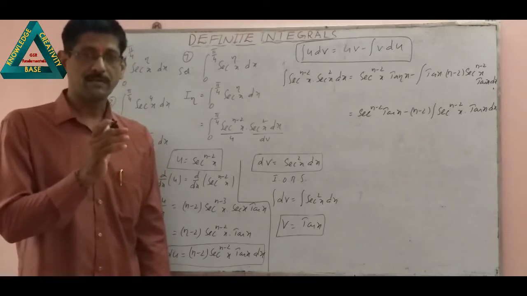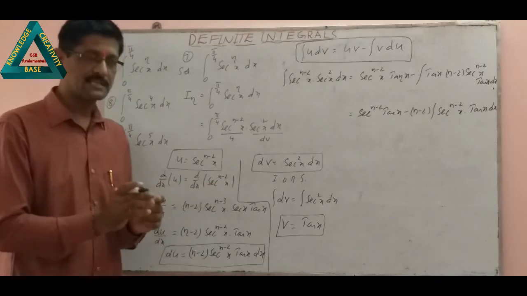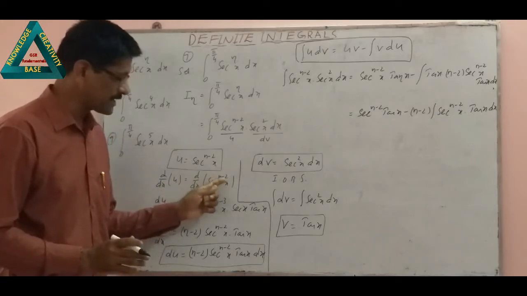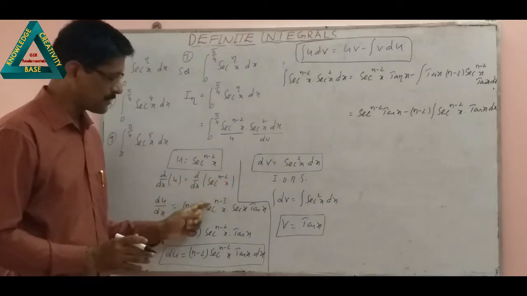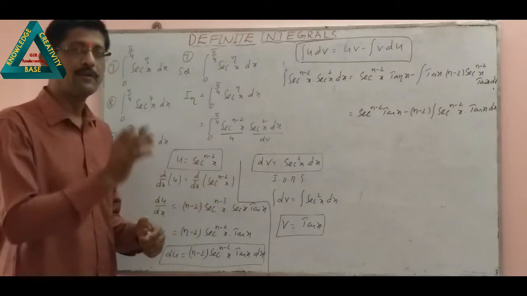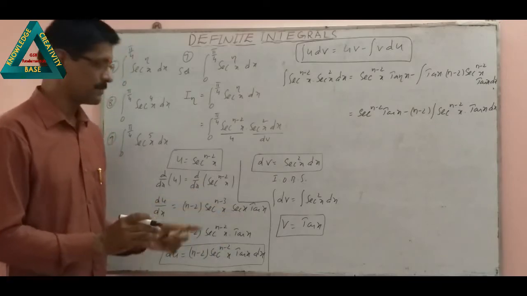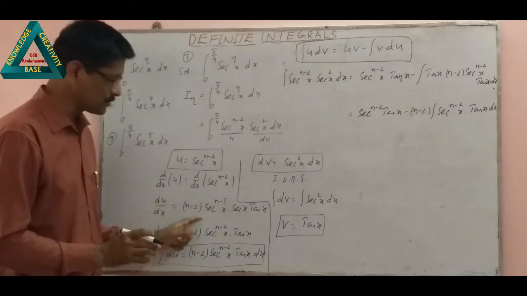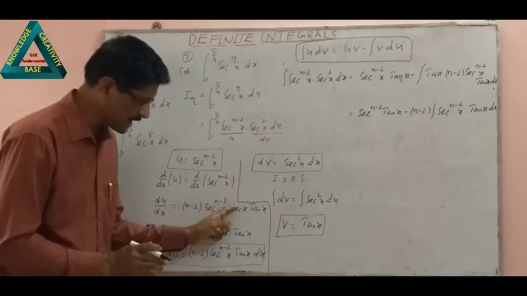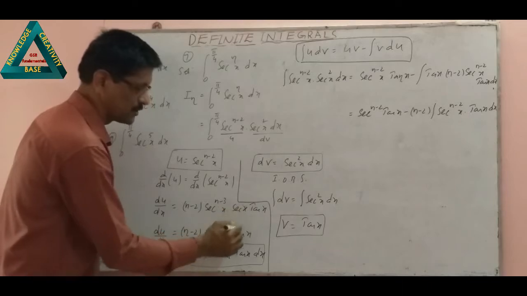By applying the formula d by dx of x power n is n x power n minus 1, treating secant as x, it is n minus 2 times secant power n minus 2 minus 1, that is n minus 3, into the derivative of secant x. The secant x derivative is secant x into tan x. By simplification, n minus 2 into secant power n minus 3 x into secant x, where the power is 1, n minus 3 plus 1 gives n minus 2, x into tan x.